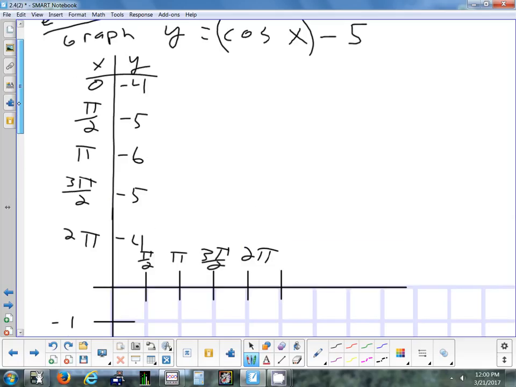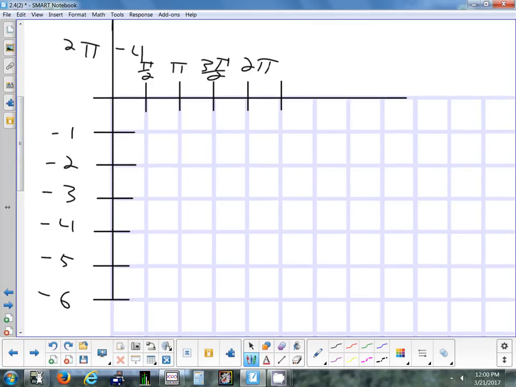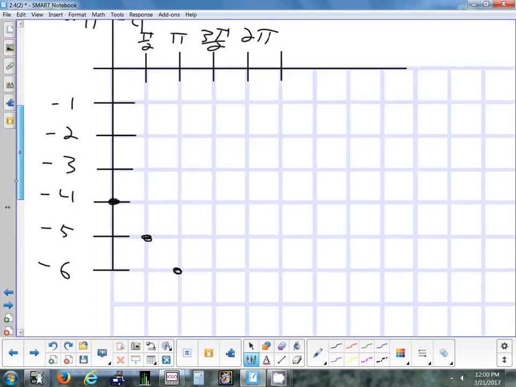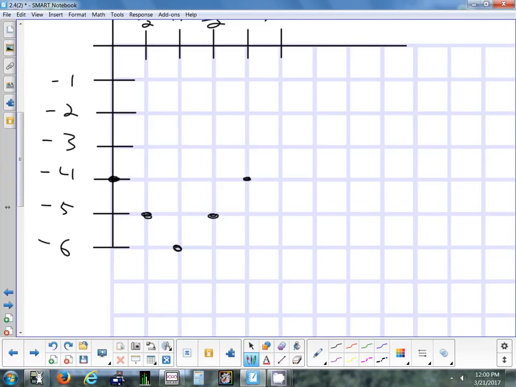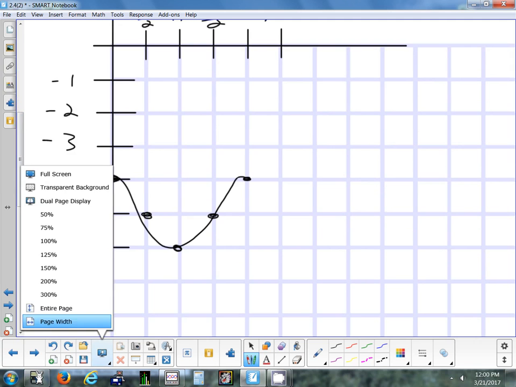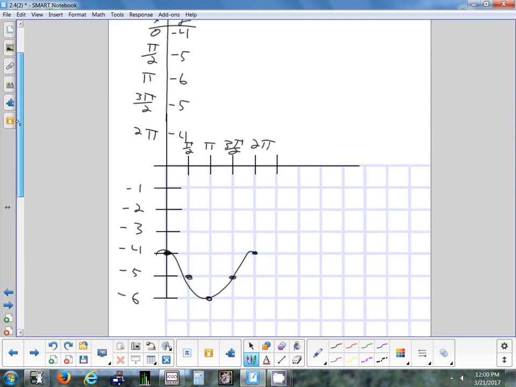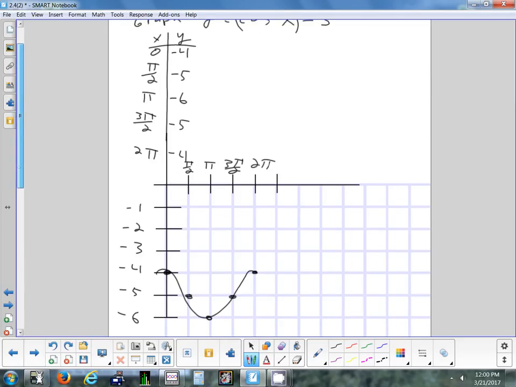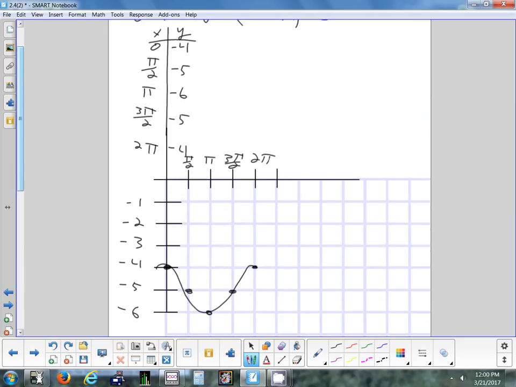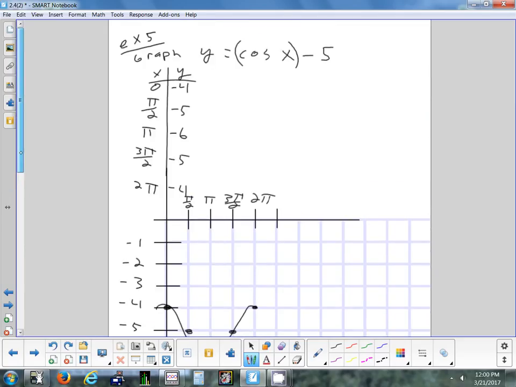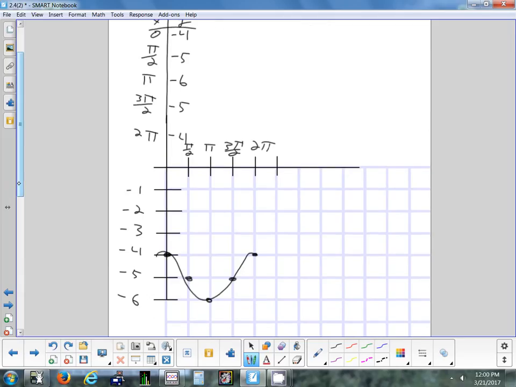Okay, we're at -4, -5, -6, 3 pi over 2, we're back to -5, and you should always end where you started. So there's your graph of cosine shifted down 5 units. Okay, any questions on that one?